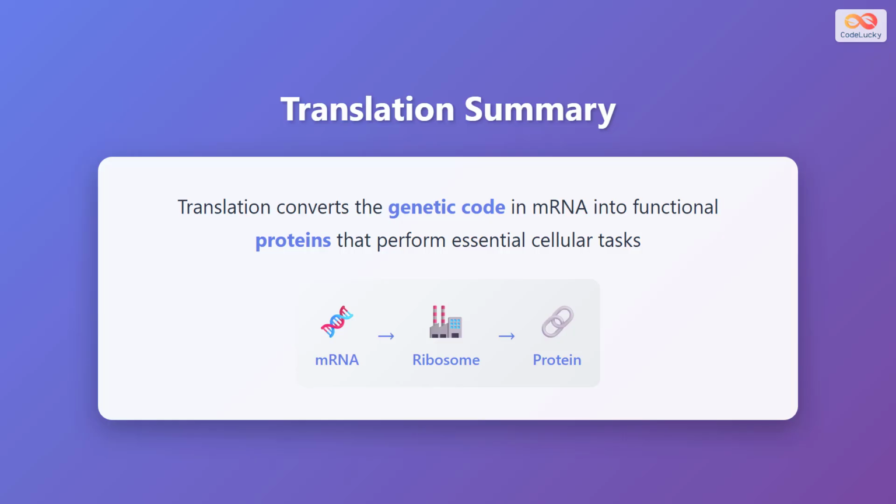This process occurs through 3 stages. Initiation sets up the translation machinery, elongation builds the protein chain amino acid by amino acid, and termination releases the finished protein. Translation is essential for all life, and understanding this process gives us insight into how genes ultimately determine the characteristics and functions of living organisms.